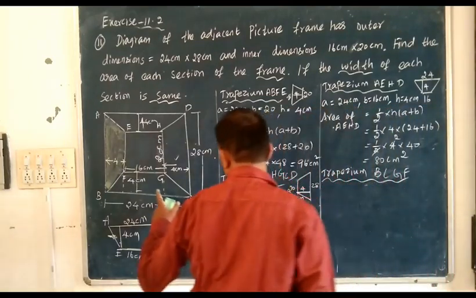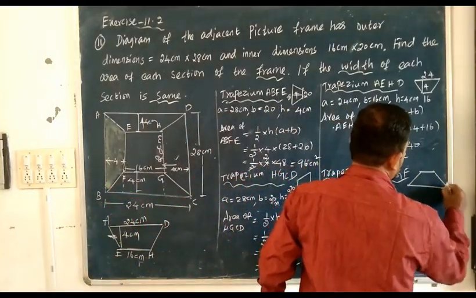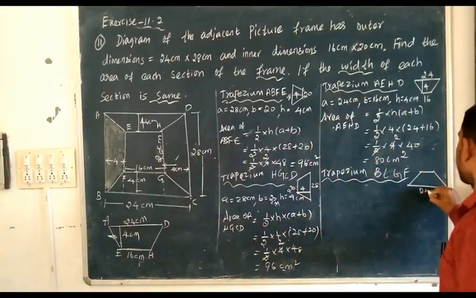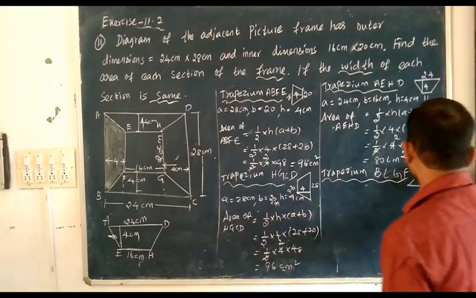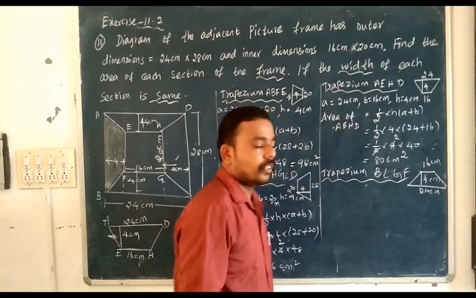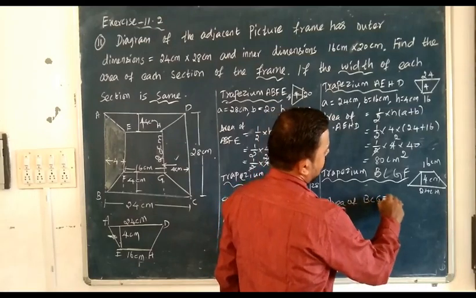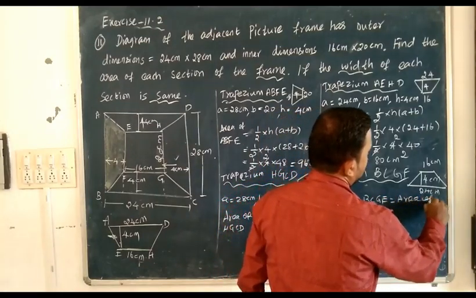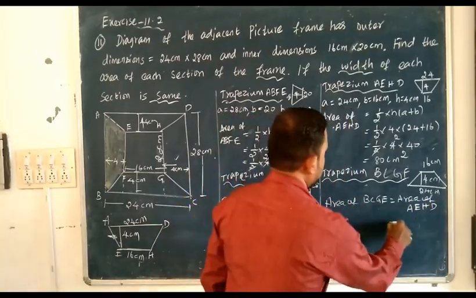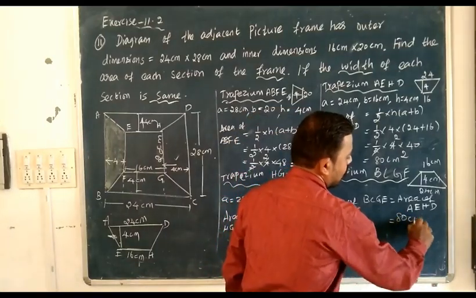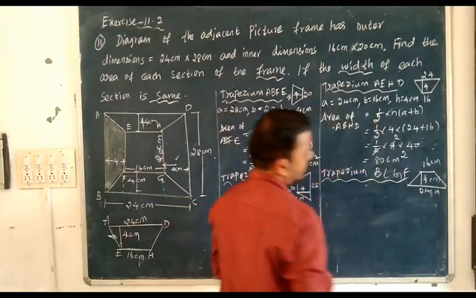And the second trapezium has the same data: 24, 16, and height 4. So you can write that the area of BCGF equals the area of the previous trapezium AEHD. So these trapezium answers are 80 centimeters square. But anyway, you can find it by using the trapezium formula.